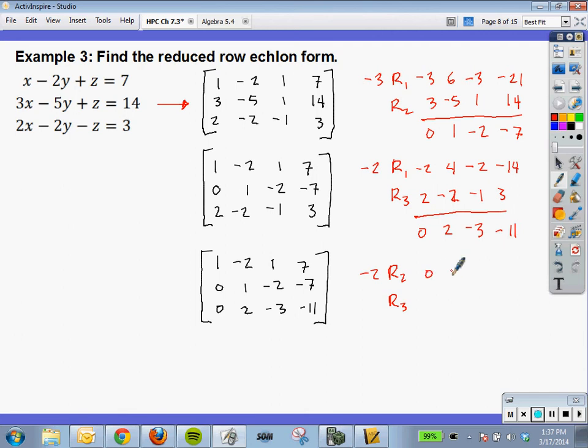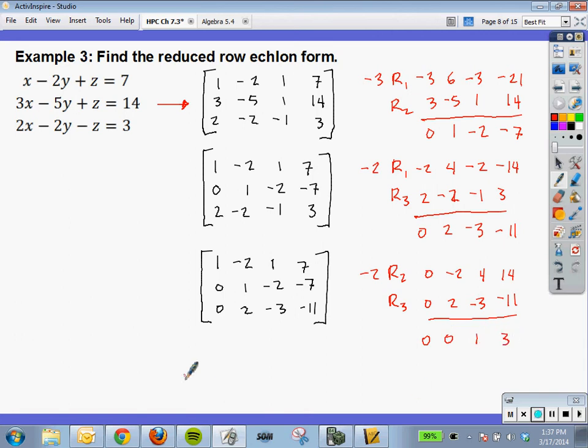So now we have 0, -2, 4, and 14. We're going to add that to row 3. And we add straight down, we get a 0, 0, 1, and 3.